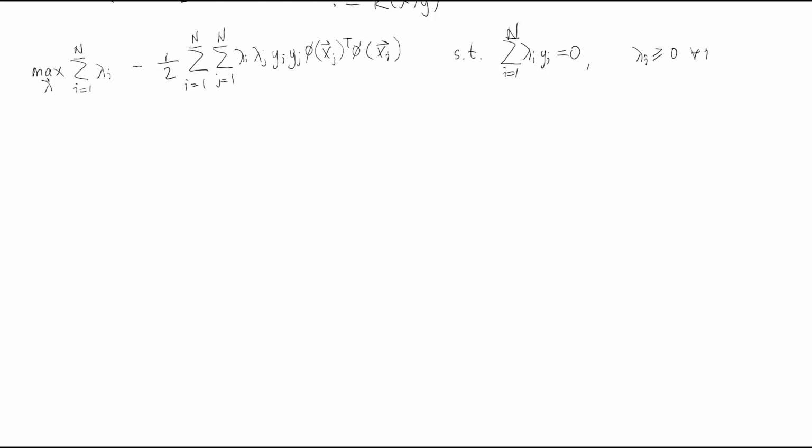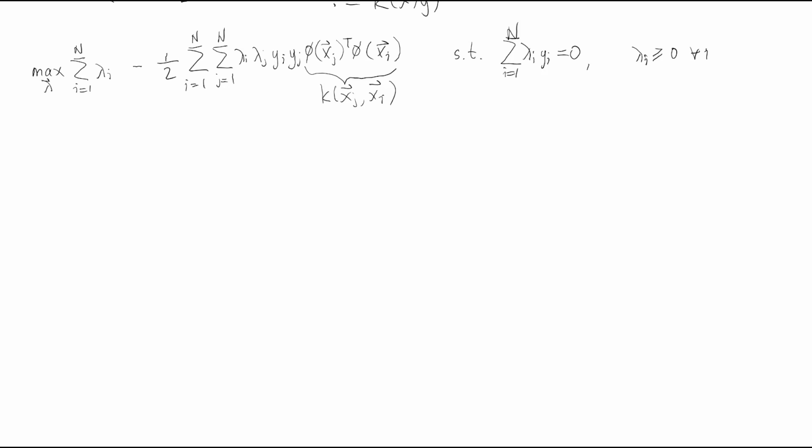We said that phi of xj transpose phi of xi was an expensive computation, but with the kernel trick, we can just write this as k of xj comma xi. So we can either choose a feature and then write down the kernel directly in here, or we can simply directly choose the kernel.